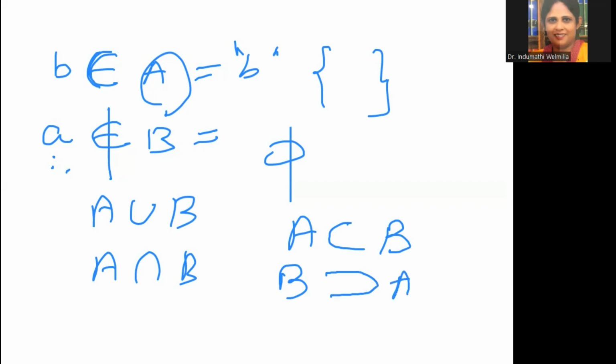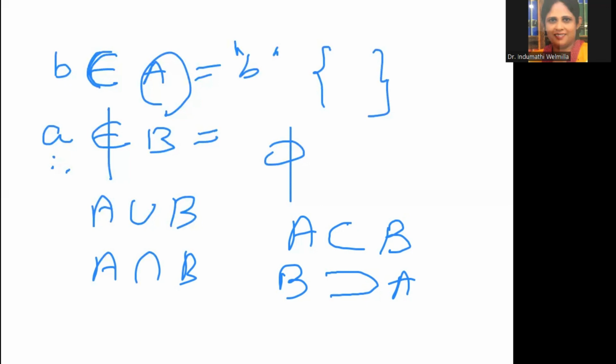Okay, and also there are some properties of sets, similar to numbers. Sets also have properties like the associative property, commutative property, and so on.